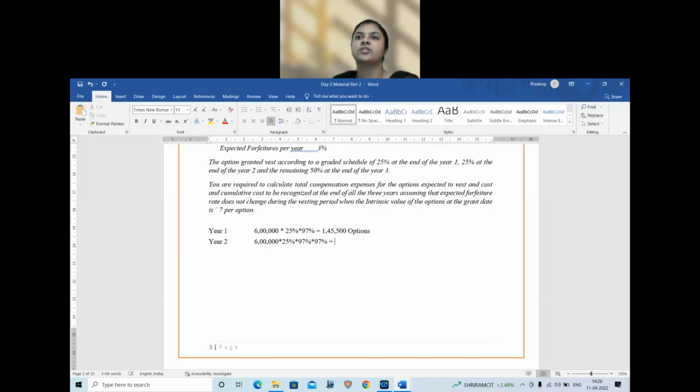So remove that 3% also. So 2 times we are going to apply the percentage, because it is given as expected forfeiture per year. It will go on a cumulative basis. What is the number of options? 1,41,135.